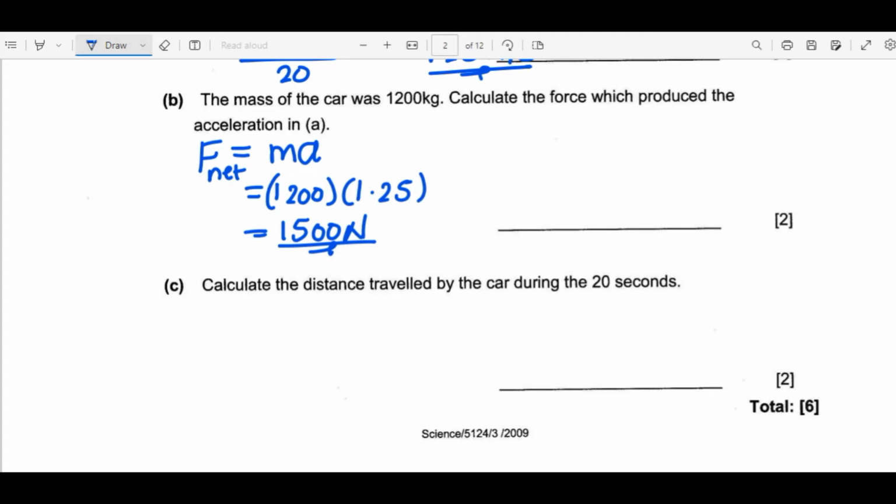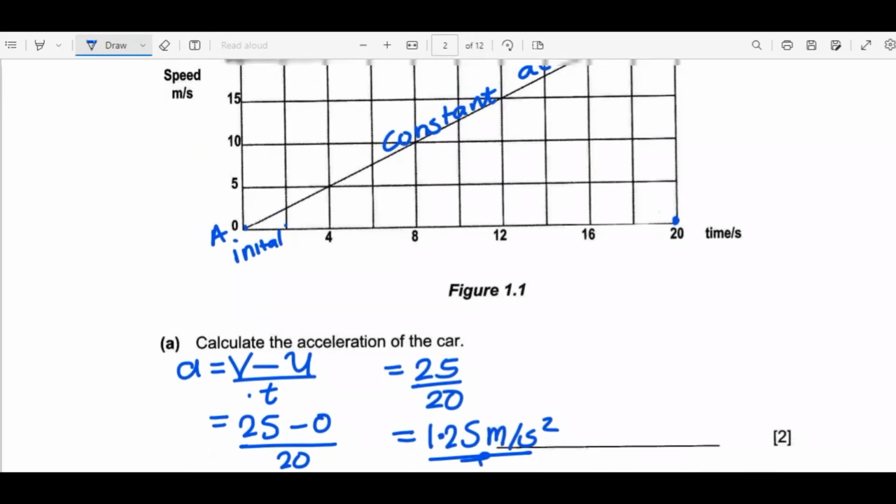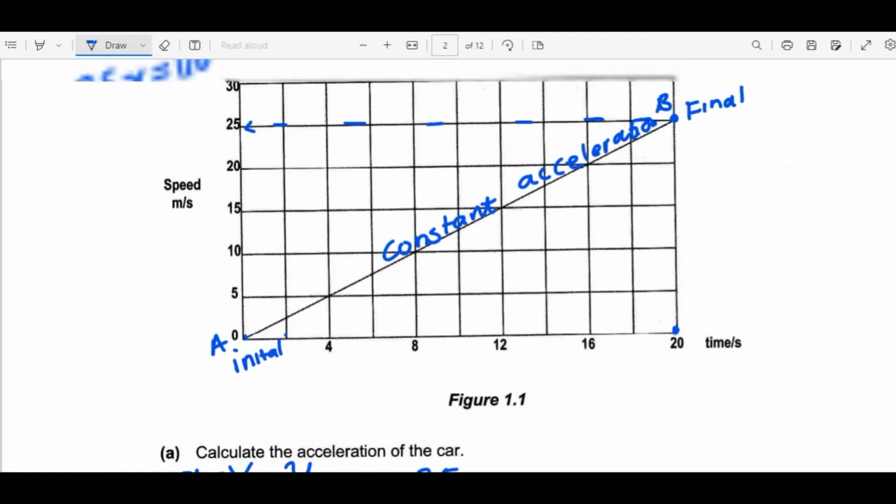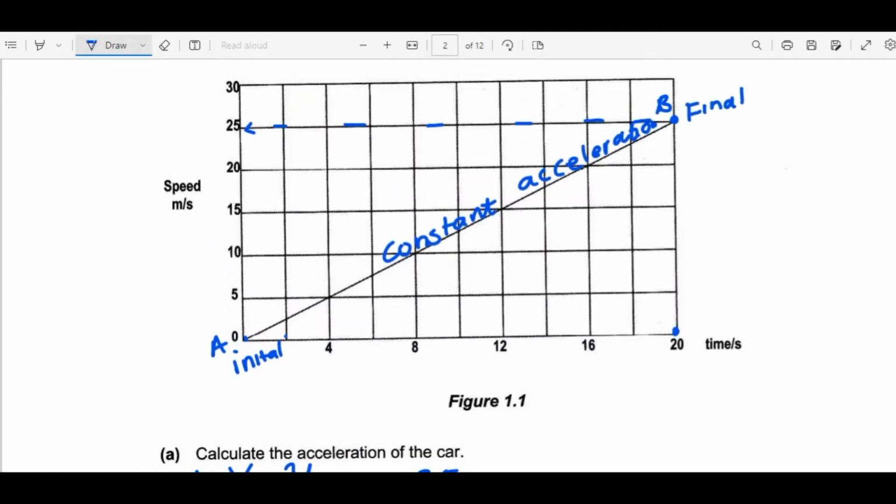Calculate the distance traveled by the car during the 20 seconds. So let's go back to our diagram. So here, if I were to draw lines, the boundary under the given information, I can see that I'm getting a rectangle.